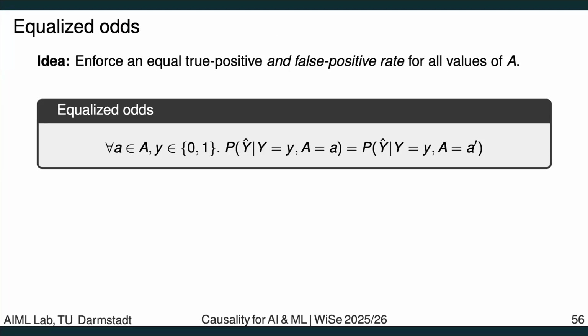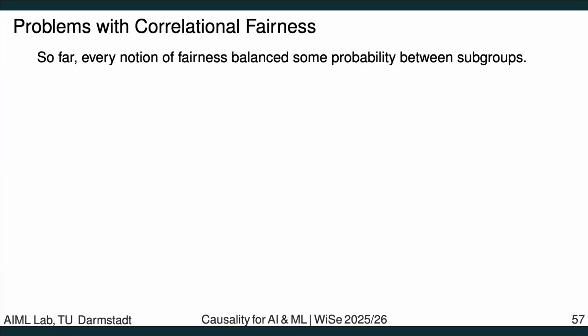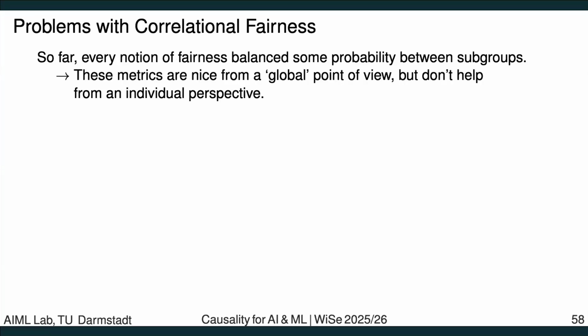But yeah, so I think this is quite okay to think about, but somehow all of this is more of a correlational or associational thing, right? So we are looking at probabilities over some subgroups, and from a global perspective this might be nice, but it might not help you from an individual perspective, right?